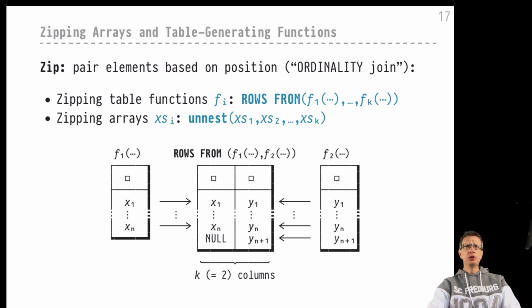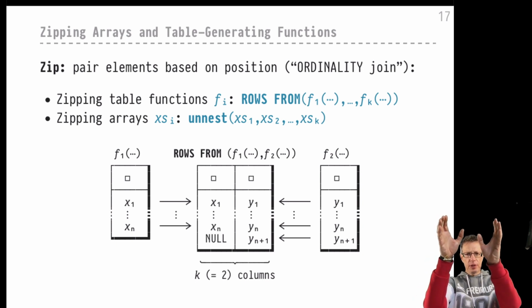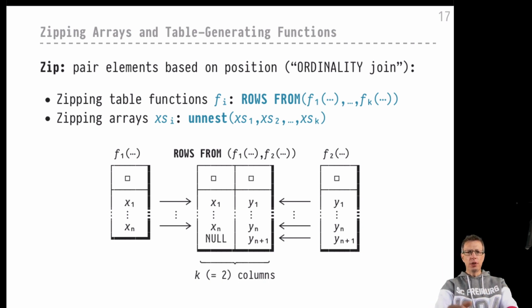There's one particularly interesting way to process the output of such set returning functions, and the functional programmers would call that zipping. Set returning functions emit columns of values, normally single column tables for us to process further.